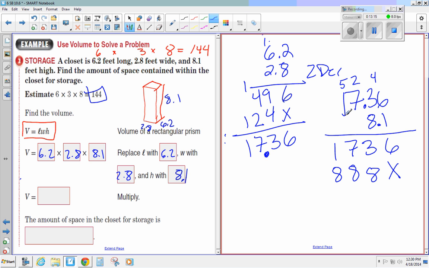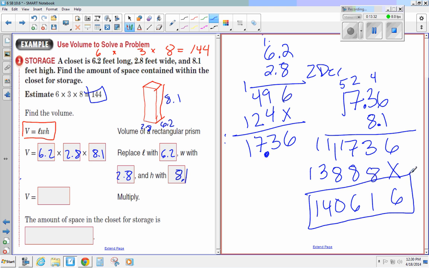That's 8. That's 13. Add. Then there's 3 decimal places. So 1, 2, 3. So my answer is approximately 140.6.